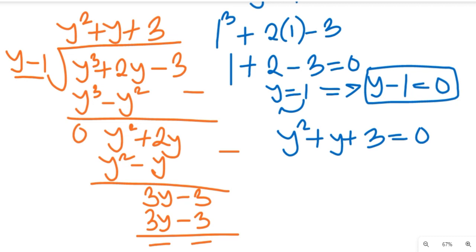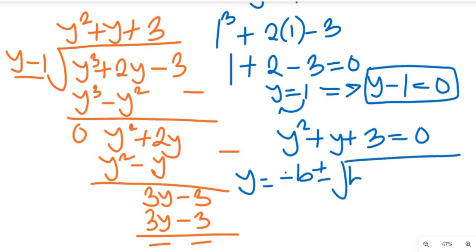If we want to substitute this, we are going to use the algebraic formula. And from the algebraic formula, you can recall that our y will be equal to minus b plus or minus the square root of b squared minus 4ac, divided by 2a.